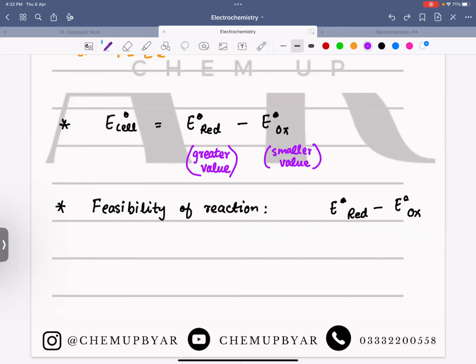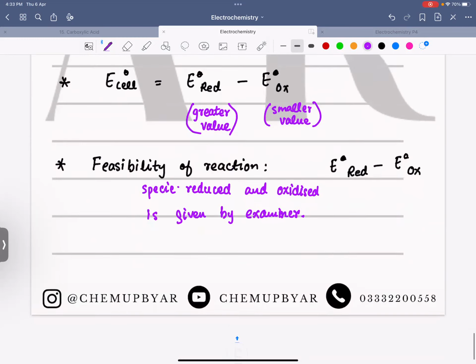Here, the species being reduced and the species being oxidized are given by the examiner. The species which is getting reduced and which is getting oxidized is always given by the examiner, and you have to subtract.